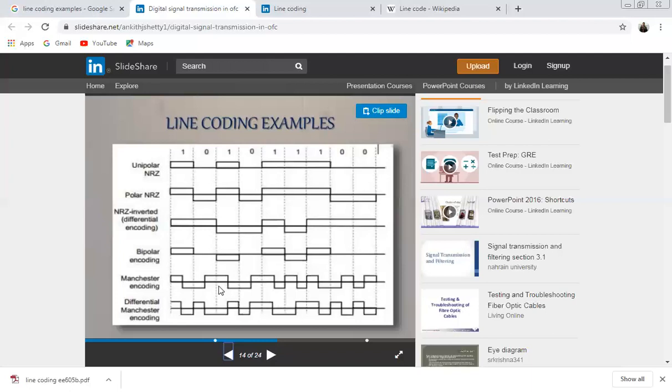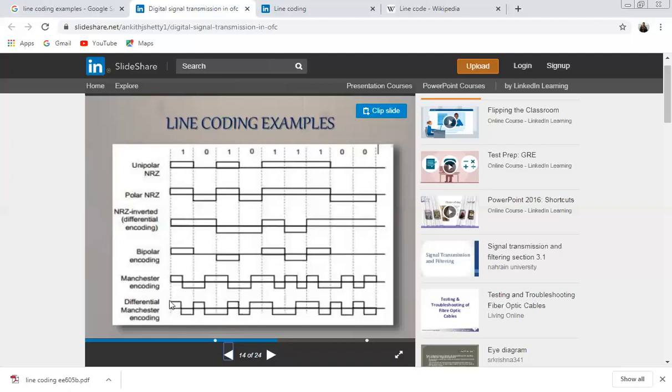If it is differential Manchester coding, then what happens? 1 is indicated by half period 1, half period 0. Then again 1, half period 1, half period 0. Then 0 to 1, there is a phase change. Both cases, 1 to 0, no change. 1 to 0, no change.